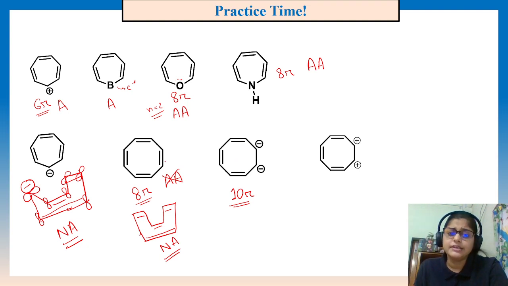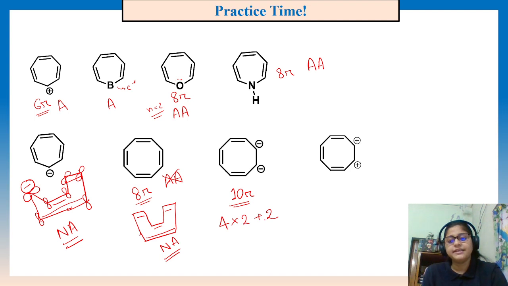But when negative charges come here, that time it will be planar again. And 10 pi, 4 into 2 plus 2. 4 into 2 means 8 plus 2, 10. So here n equal to 2. It will be aromatic.